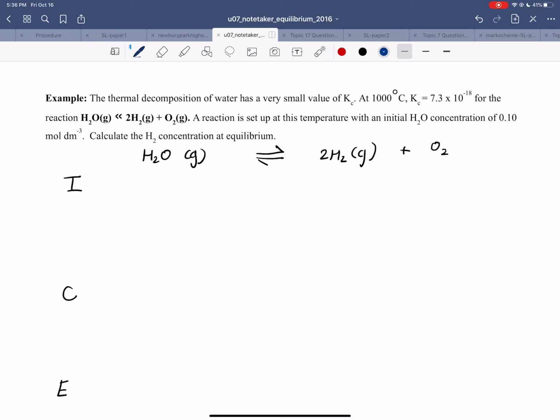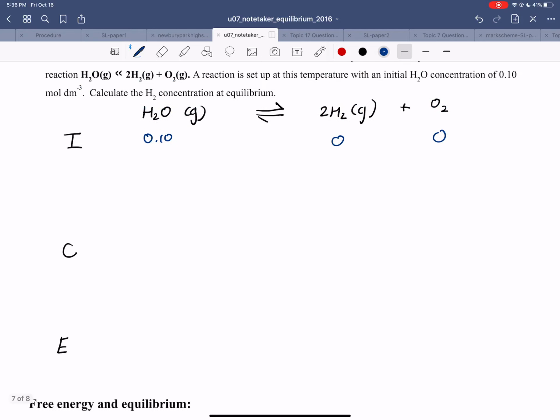It says that initial concentration is 0.1 of H2O, 0.1. And we don't know what the initial concentration is of H2 and O2. We know it's 0 actually because it doesn't specify. Does it give us anything else? It gives us the Kc, so we're going to just go on and call this x.